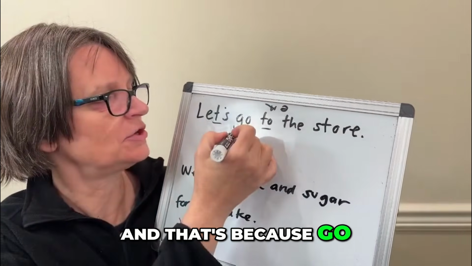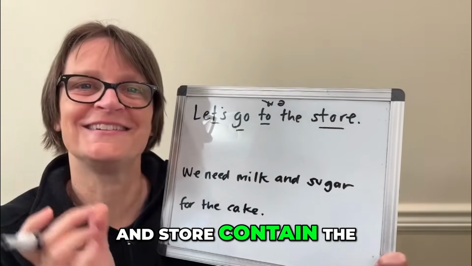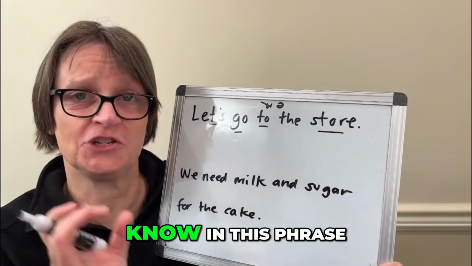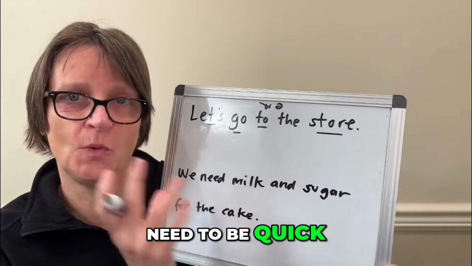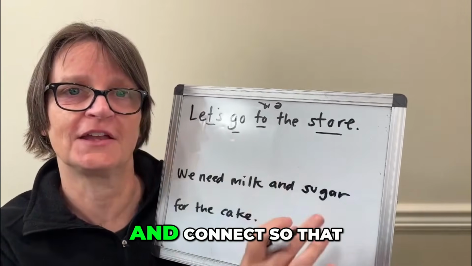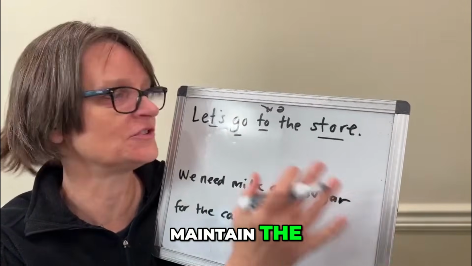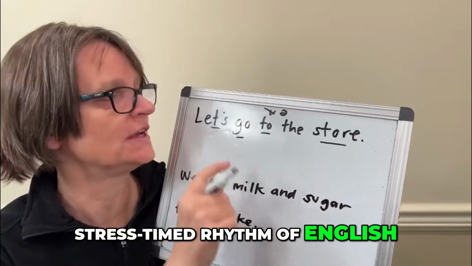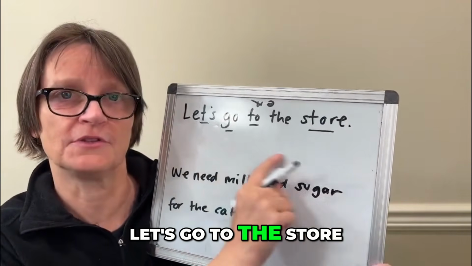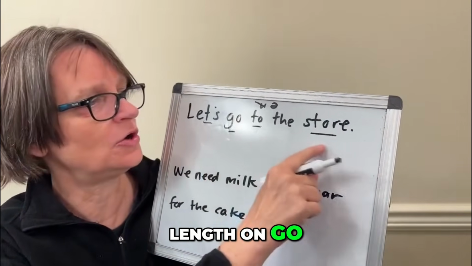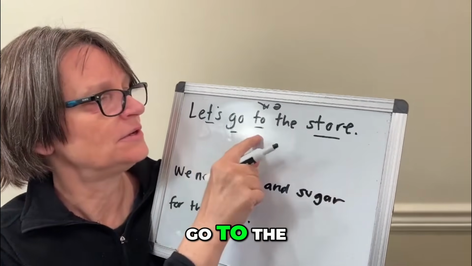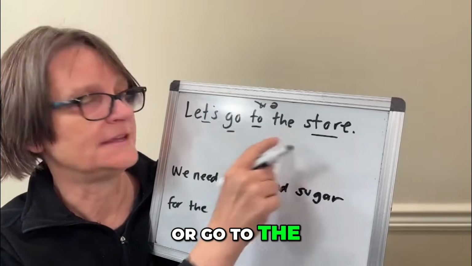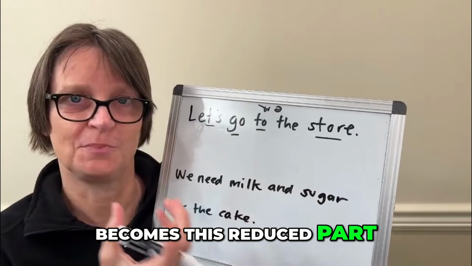That's because "go" and "store" contain the information we need to know in this phrase, and the other words need to be quick, unstressed, and connect so that we maintain the stress-timed rhythm of English. Let's go to the store. So a little more length on "go," a lot of length on "store." And that means that "go to the" becomes this reduced part.